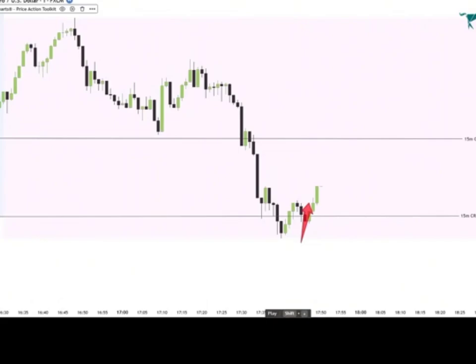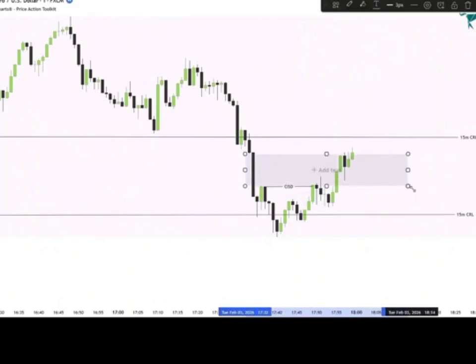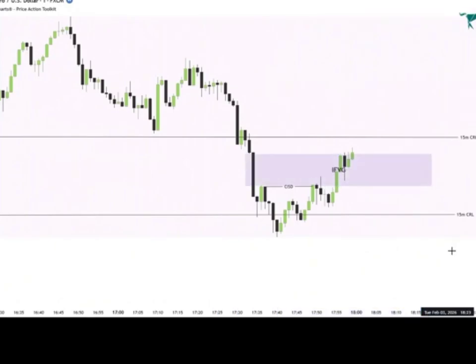Now, as you can see, after entering the manipulation phase, price pushes higher and first forms a CISD confirmation. Then it violates this large bearish fair value gap, flipping it into an inversion fair value gap.